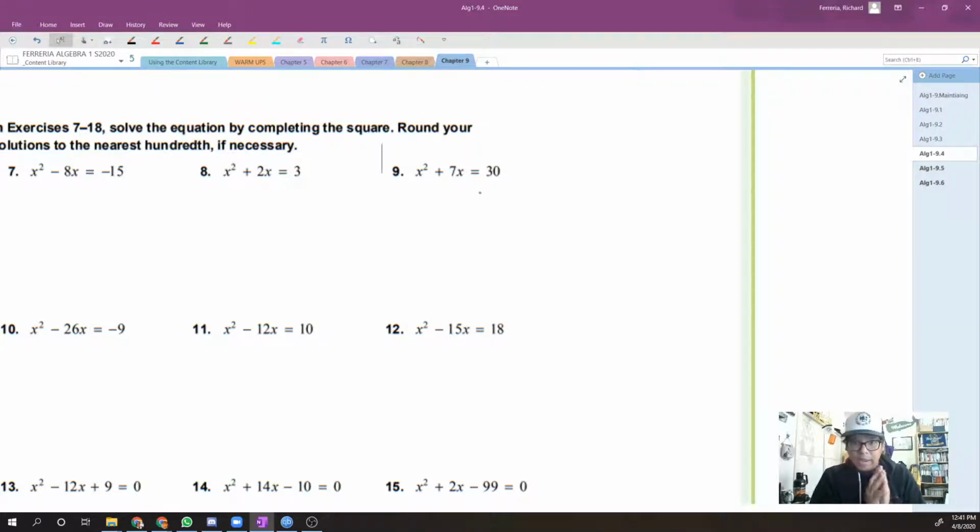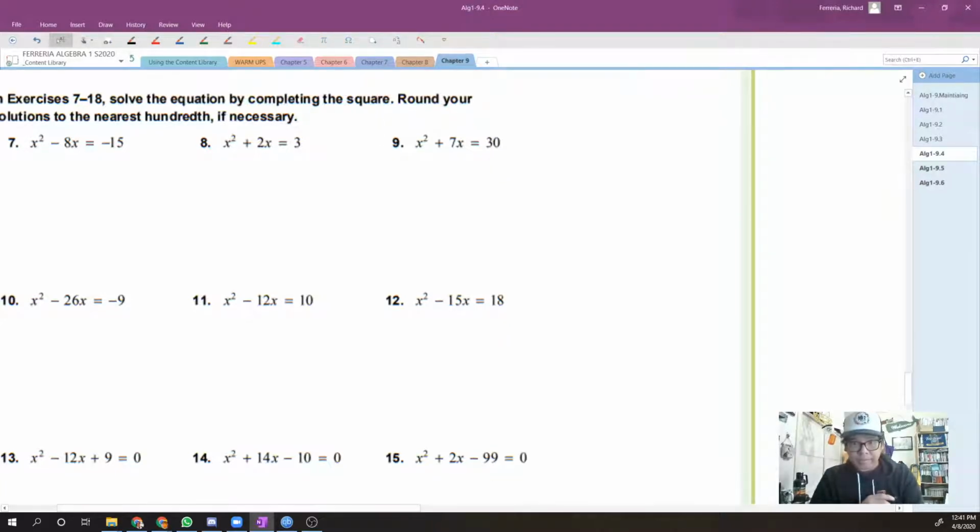We've got x squared plus 7x, so b is 7, and it is equal to 30, so d is equal to 30. But as I've been telling you, the value for d is not important. So if b is 7, the next quantity that's important to us is b divided by 2. That's 3.5. Don't let the decimal scare you. And then the next number that's important is 3.5 squared.